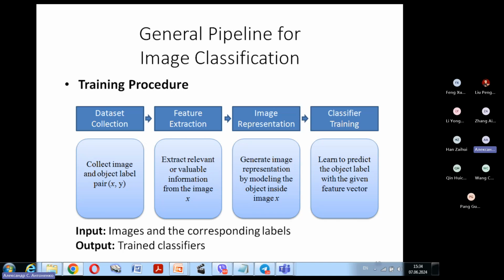We can evaluate this trained model's performance using metrics like accuracy of recognition, precision, etc. And after this, if our evaluation says that this model is trained quite well, then we can use this model to predict classes for unknown images.